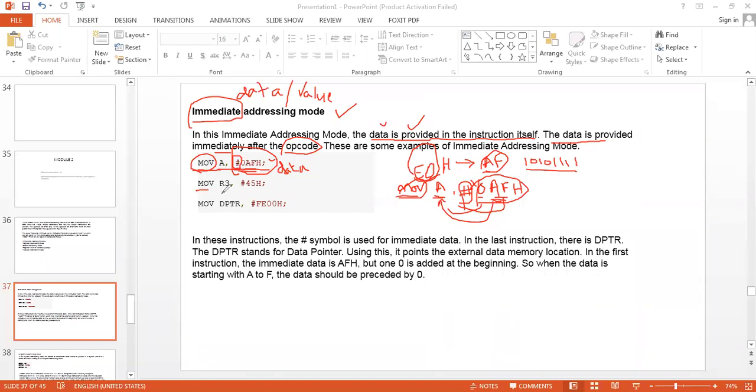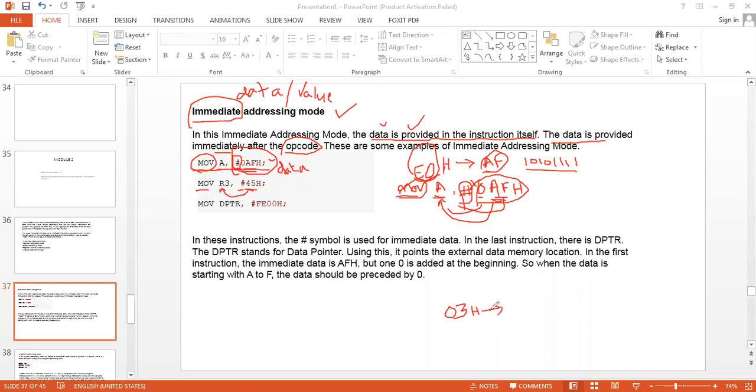One more example. MOV means copy the source operand. What is the source operand? It is an immediate value, because I have written the hash symbol here. So copy the 45H data into the destination operand. What is the destination operand? It is R3. What is the address of R3? By default bank 0 is there, so the address of R3 is 03H.